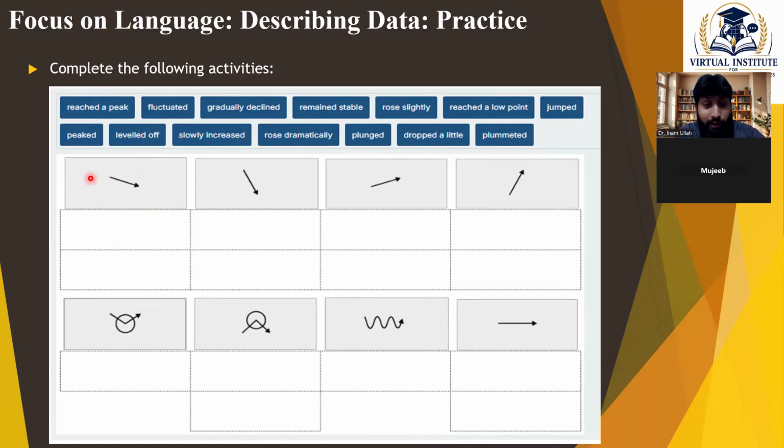Tell me about this one now. Isn't it gradual decline? Yes, gradual decline, right? Yes, sir. What about this one?